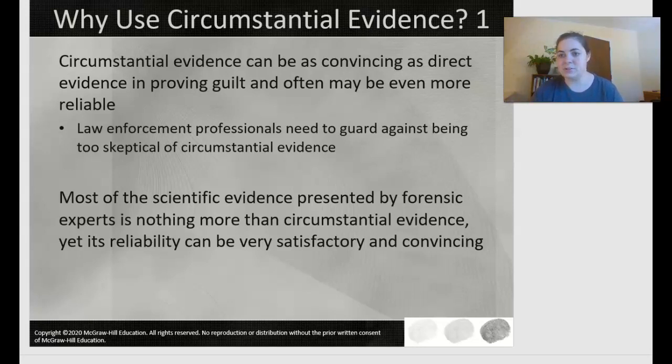They are the person who ran the drugs through the lab, the person who did the DNA, the person who did the fingerprints. That's circumstantial. It's based on another set of facts that the DNA matches the DNA found at the crime scene. But that's very reliable and sometimes even more convincing to the jury than eyewitness testimony.